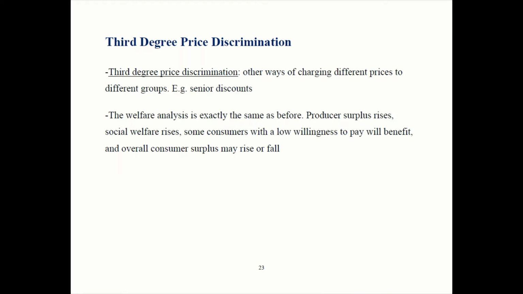Social welfare also rises. Consumer surplus may either rise or fall. It depends. The consumers who have the highest willingness to pay are going to be harmed because they'll be charged more now. However, the consumers with the lower willingness to pay will benefit. It's not quite clear which effect is stronger on consumer surplus.